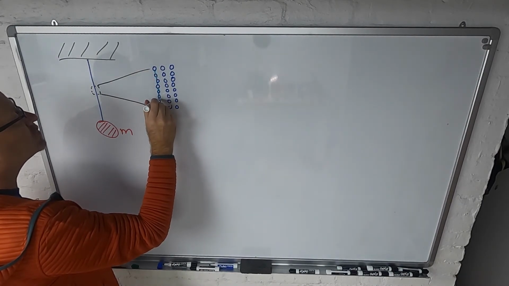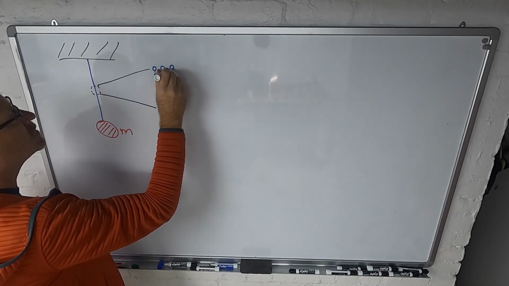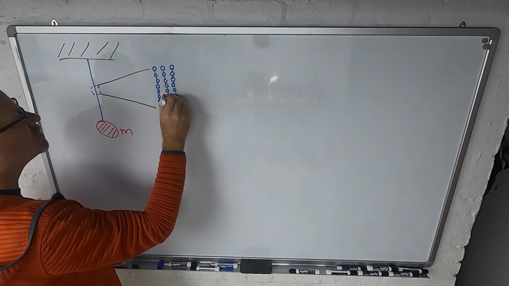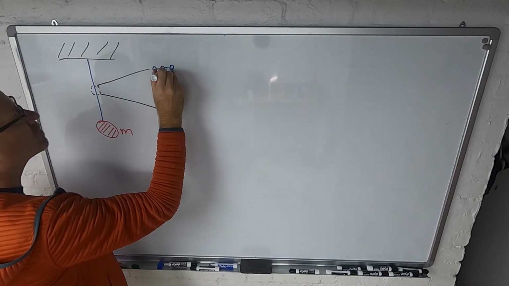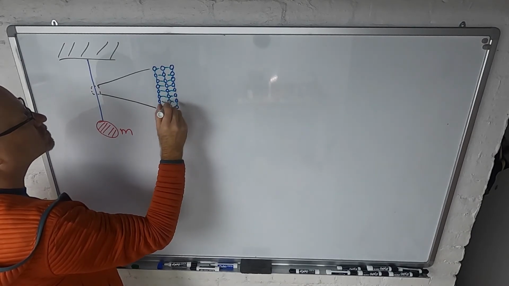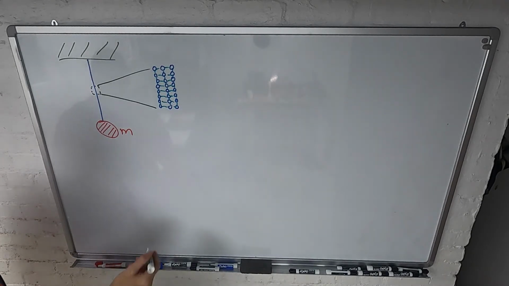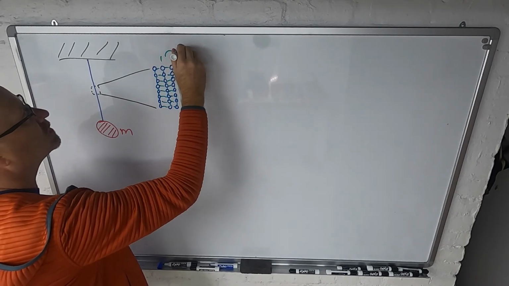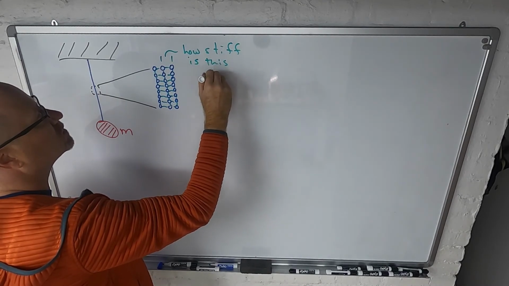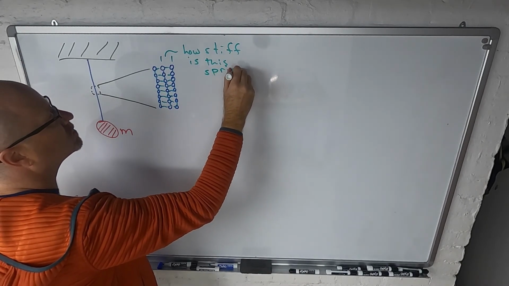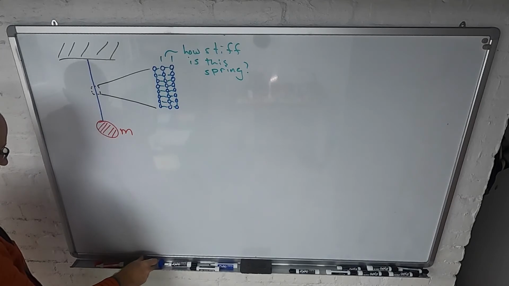Each connection between the atoms is a little tiny spring that connects everybody together in my solid. And so our goal is to find the stiffness of this bond in terms of the stiffness of my macroscopic wire.